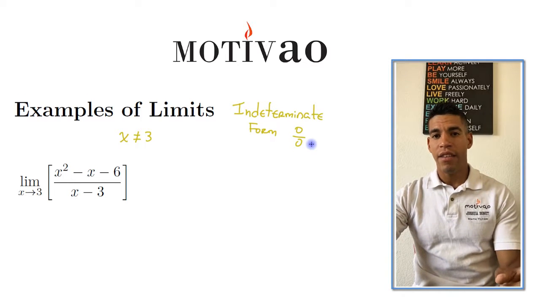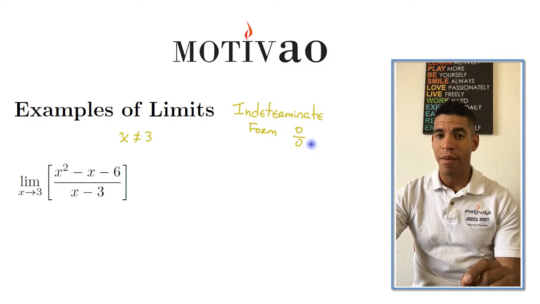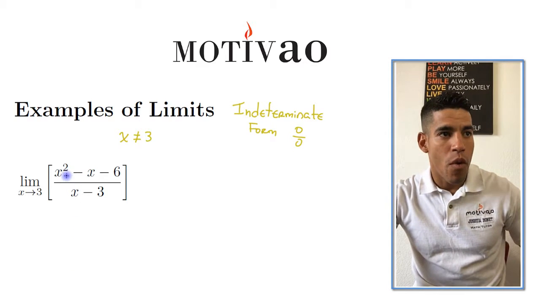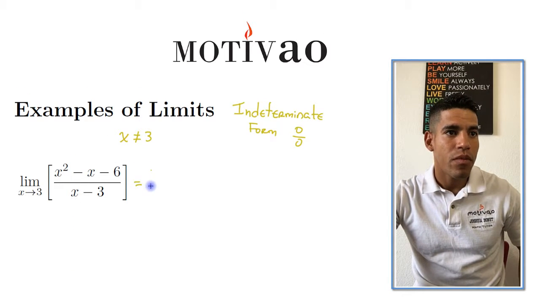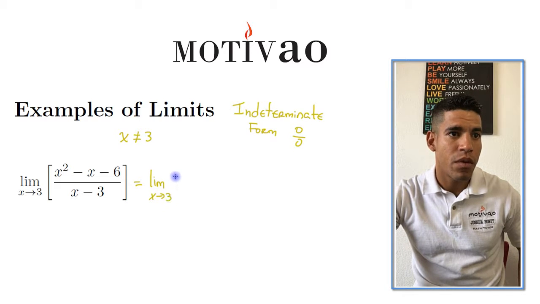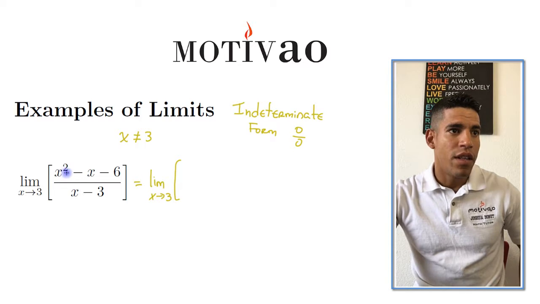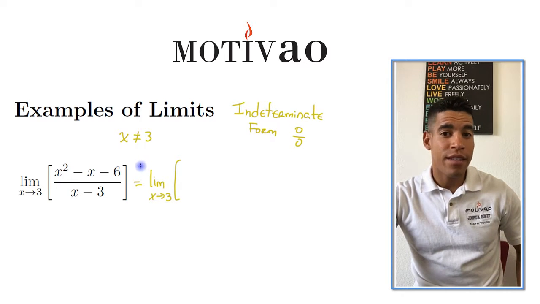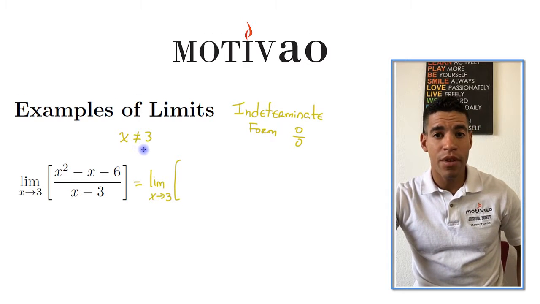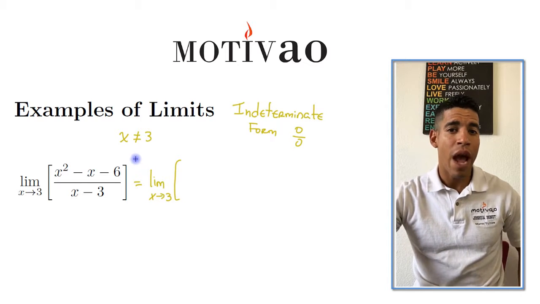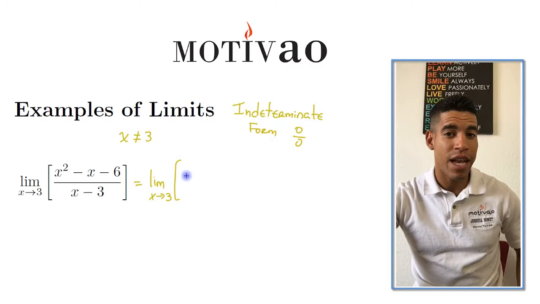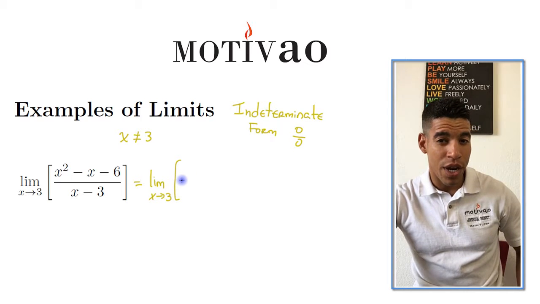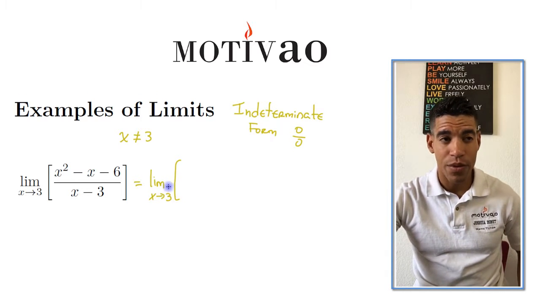So in this case, what we want to cancel is x minus 3. So what does x squared minus x minus 6 factor into? Well, this is the limit when x approaches 3 of what? What two factors of negative 6, when you multiply them together, give you negative 6, and when you add them together give you negative 1? Okay, so it sounds like it's negative 3 and positive 2, right?